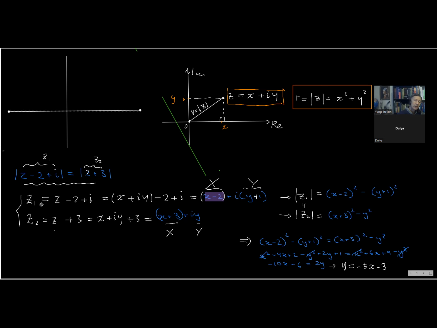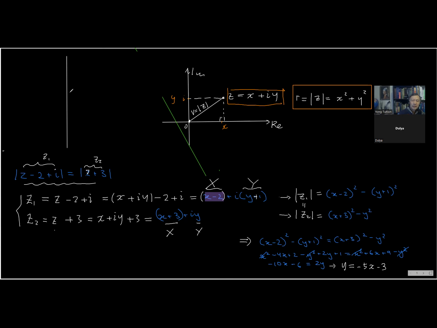To satisfy this condition, I'm trying to interpret it now. So x and y must follow this linear equation. Can you see? For example, in this case, the slope is negative 5. Can we just redraw that? So this is a negative 5. That's it. I just do this graph.